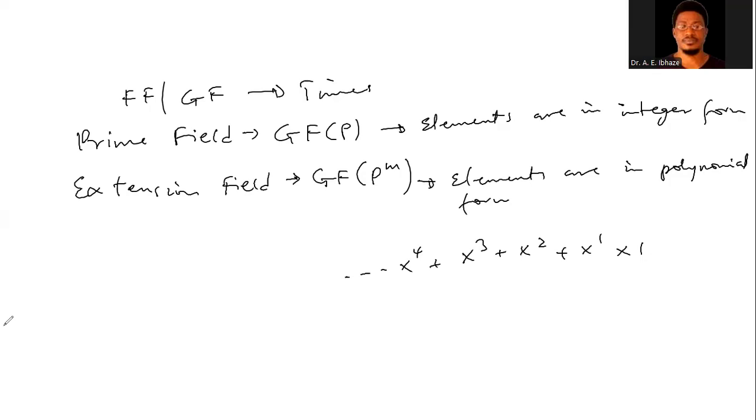Now, in considering these fields, we have the field that is of interest to us in coding, which is the Galois field 2 to the m. Because this field contains 2 elements in the polynomial form, we can either play with a 0 or 1 in that string, in the polynomial form.